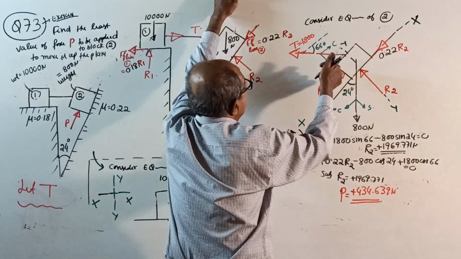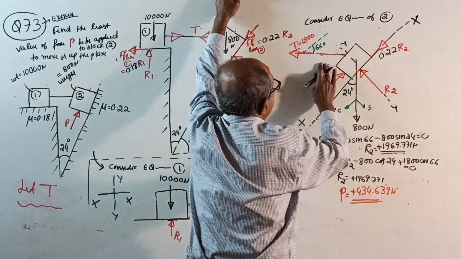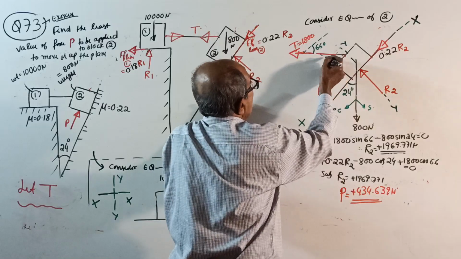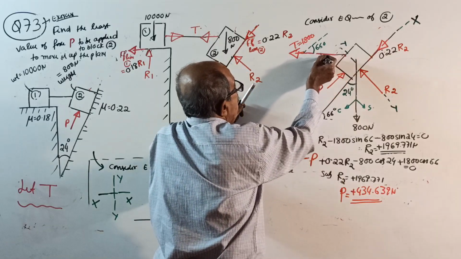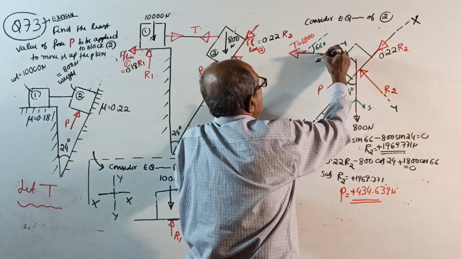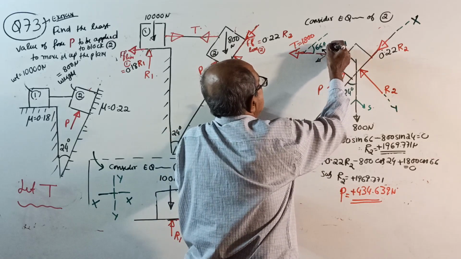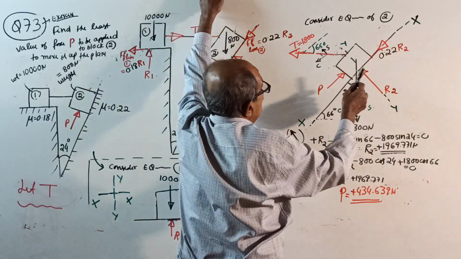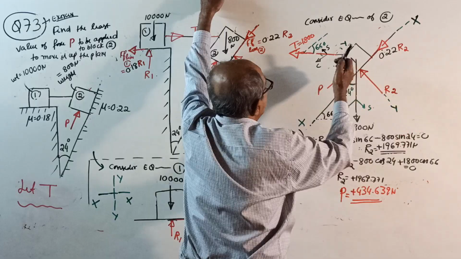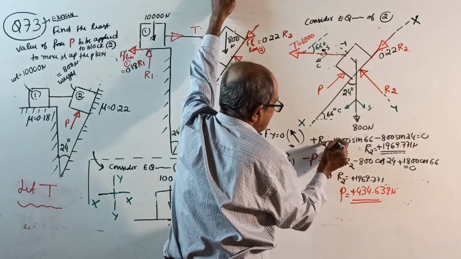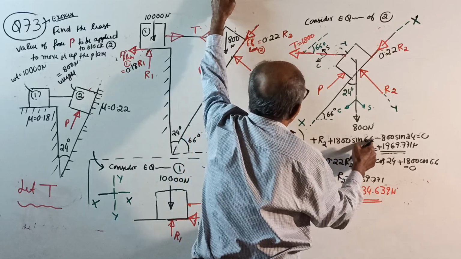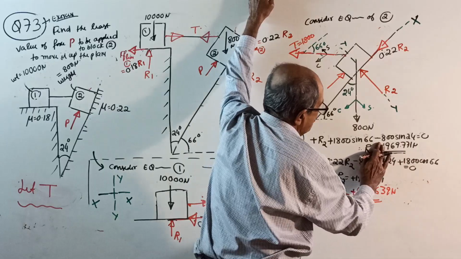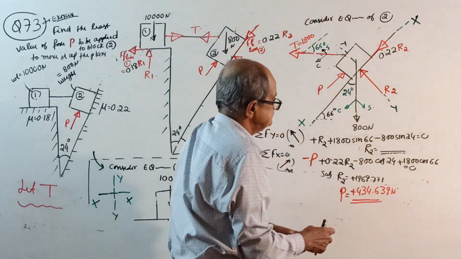Then see, now when you resolve here, this angle is 66 degrees. One component like this, one component like this. This is sin, this is cos. Plus R2, then plus 1800 sine 66, then minus 800 sine 24 equal to 0. R2 will change.